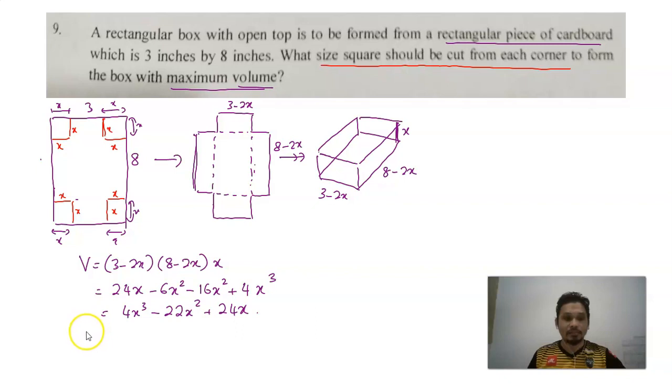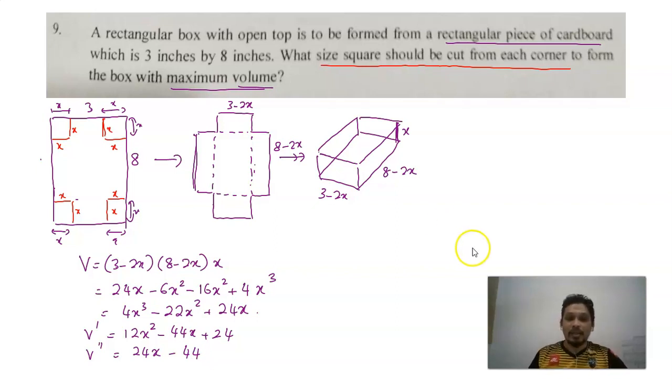Then v prime, dv/dx equal to 4 times 3, that is 12x squared minus 44x plus 24. Then v double prime equal to 2 times 12, 24x minus 44.